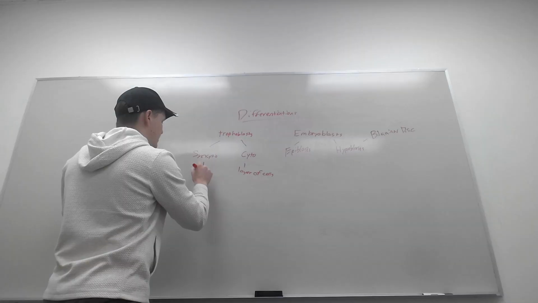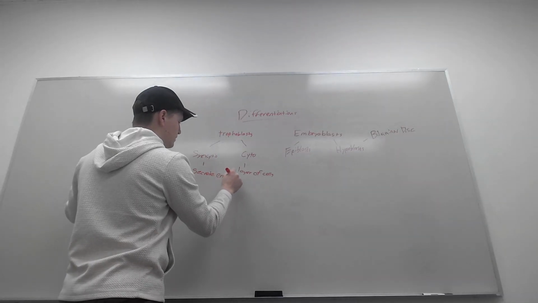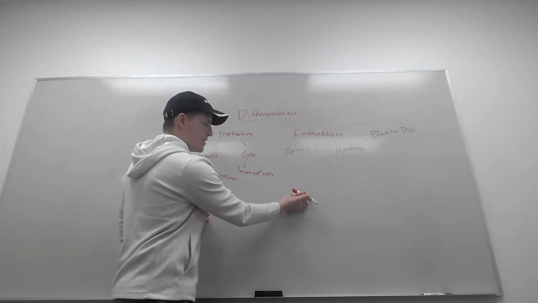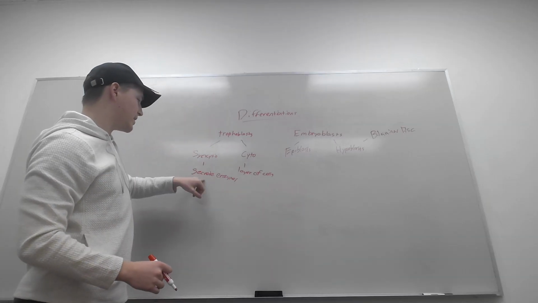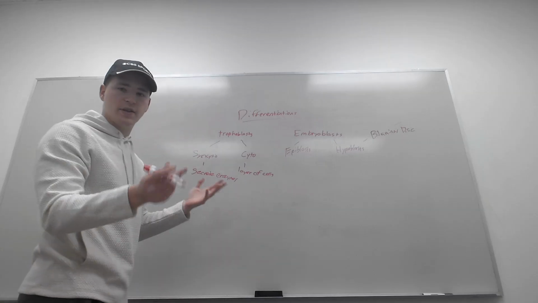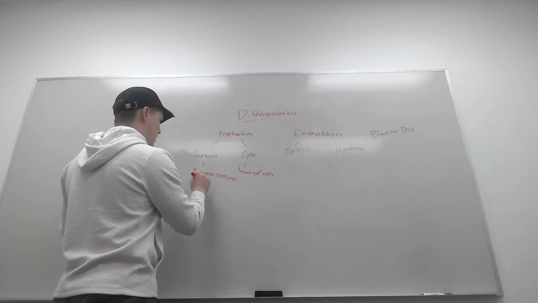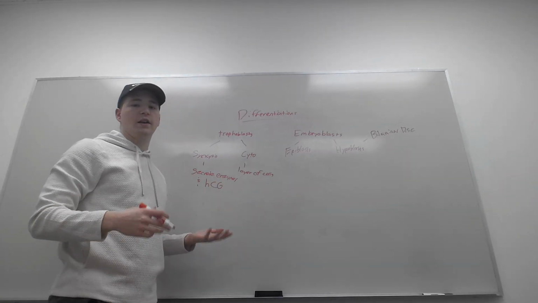They secrete enzymes that allow for burrowing. Like we had in the implantation, when the blastocyst implanted into the endometrium, that was aided by syncytiotrophoblasts that secreted these enzymes, allowing it to burrow in, kind of like some animals you could probably name. But it also secretes HCG, which is human chorionic gonadotropin hormone.